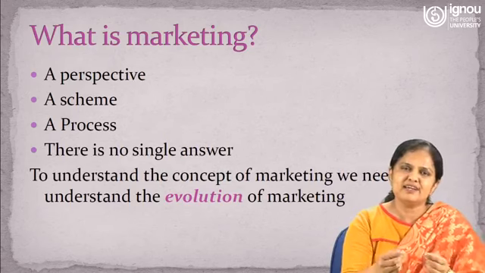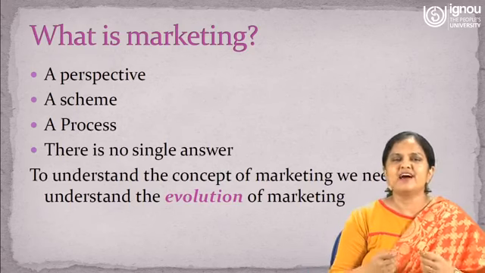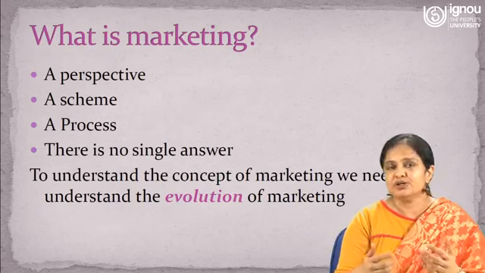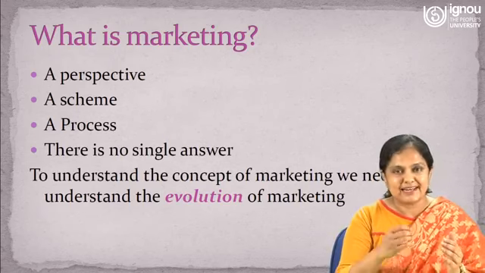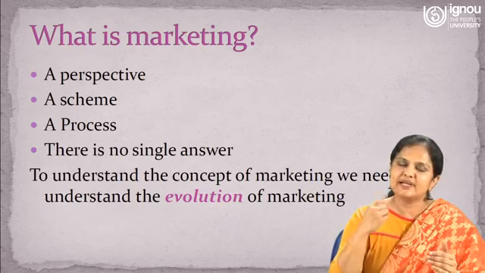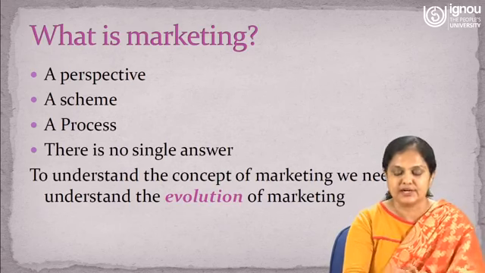When we understand the evolution of marketing, only then can we understand what marketing really is and what activities comprise marketing. That is why understanding the evolution of marketing is very, very important, so you can understand marketing and devise your strategies accordingly.